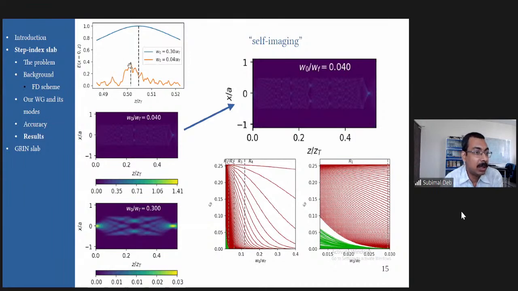The next thing that we notice over here is that the distance at which this replication takes place, that is Z, is more than 0.5. If you had it at the Talbot distance, you would have it exactly at 0.5, but you get it at a distance more than 0.5. The reason for that is quite easy to explain. We are considering a dielectric waveguide where the field profile penetrates into the cladding region.